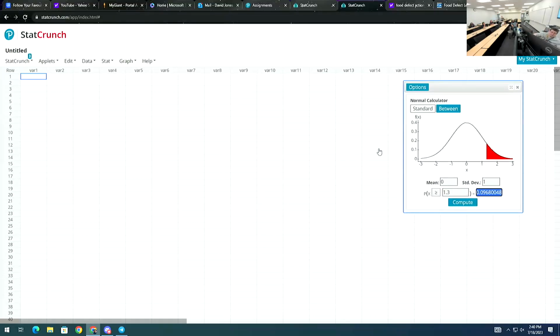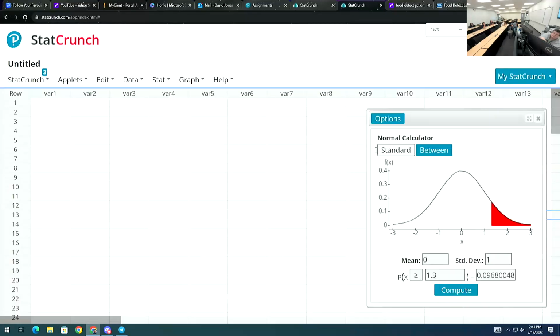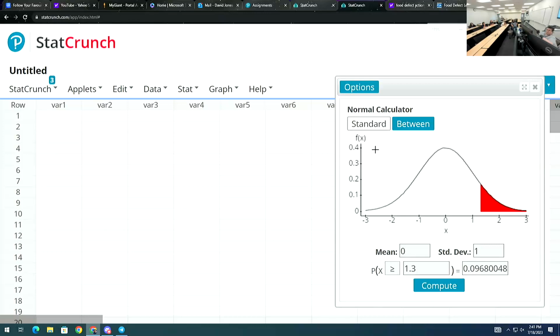And I could try doing this. It makes the numbers a little bit bigger. Does that work? So 0.0968. I'll write down 4 decimals on this.